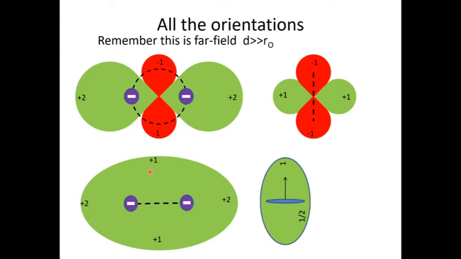Now, along this axis, we would get 1. Now, if we were to spin this system in all directions, the average force that we would see would be 3/4 of the Coulomb force.